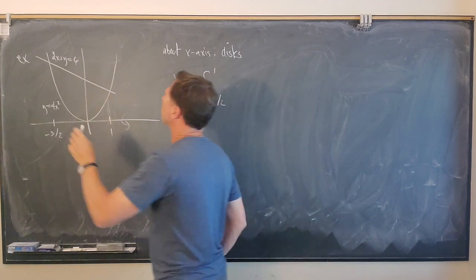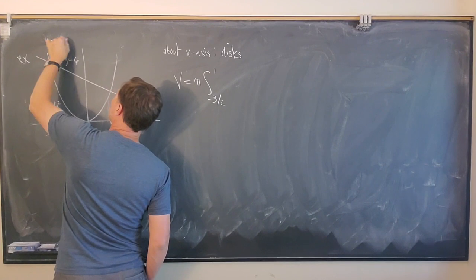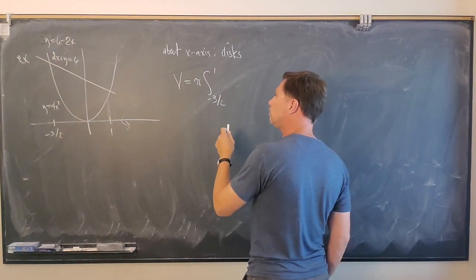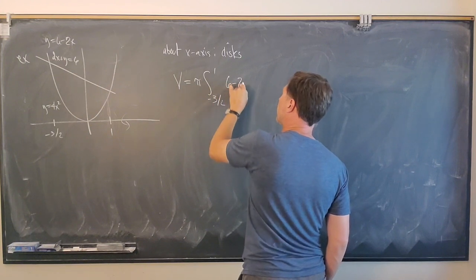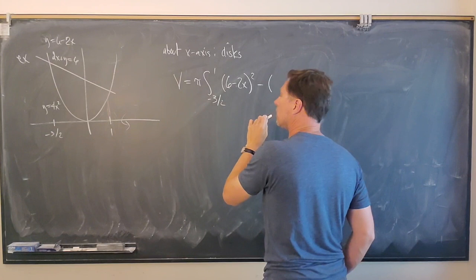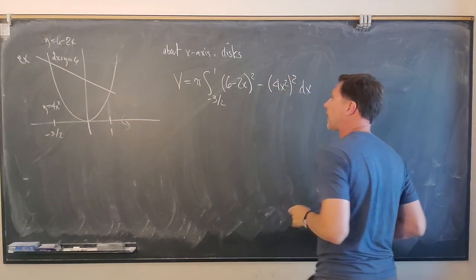And I need to solve here, so this is going to be y equals 6 minus 2x. So 6 minus 2x, that gives us the outer solid, minus the inner solid, like that.